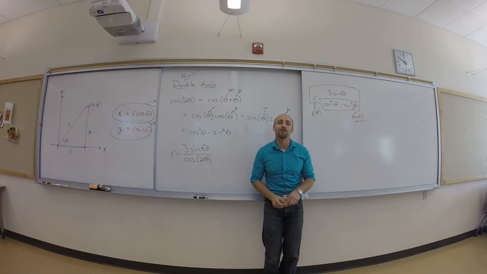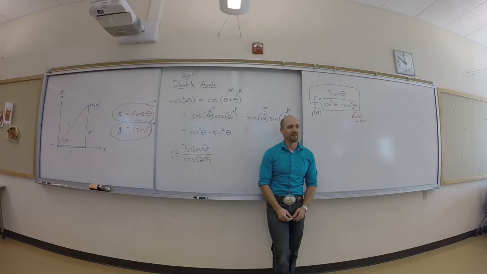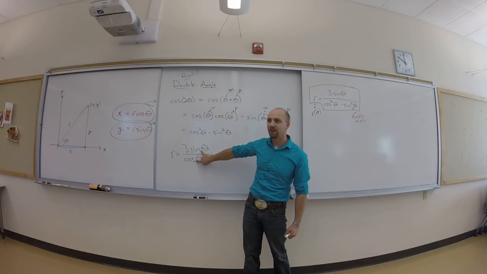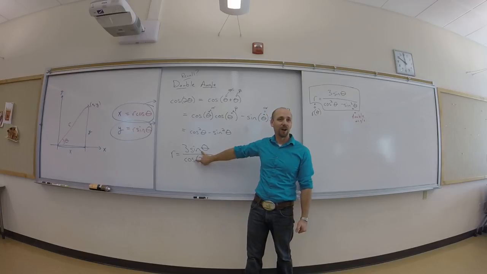What was the other thing I was going to caution you about? What else should I have cautioned you about? Yeah, be careful. This is not a cotangent thing. You might look at this and see, hey, there's a cosine and a sine. They're in a ratio, right?